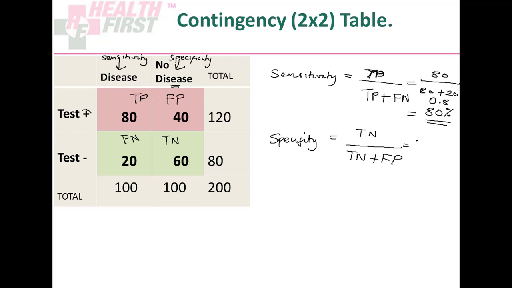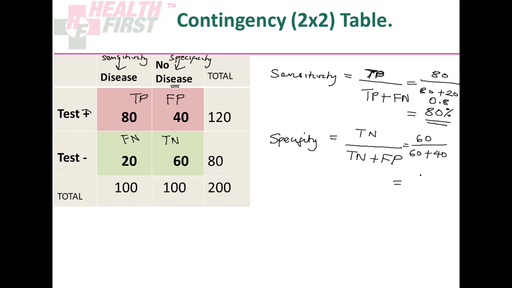And then the specificity: true negative, we have 60 divided by true negative plus false positive. So 60 plus the false positives, which are 40.